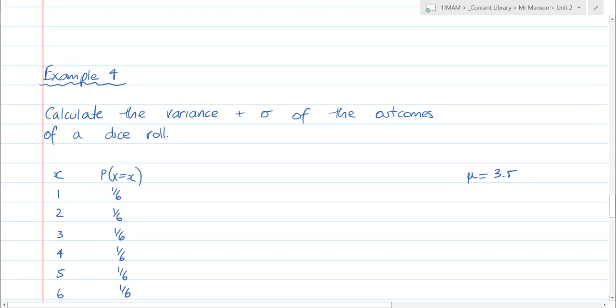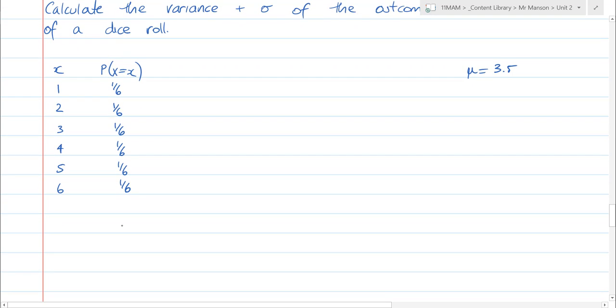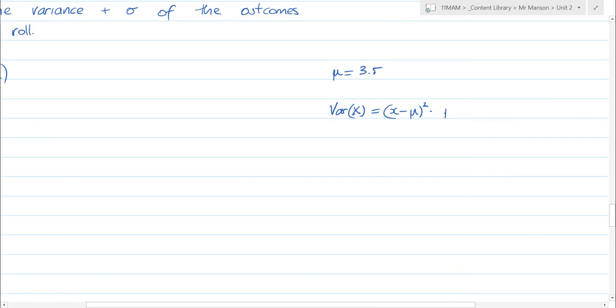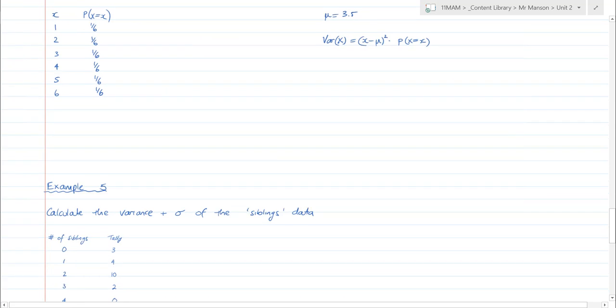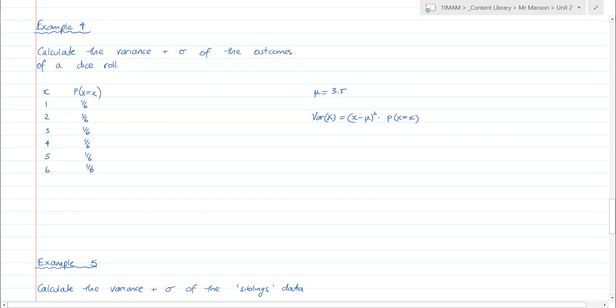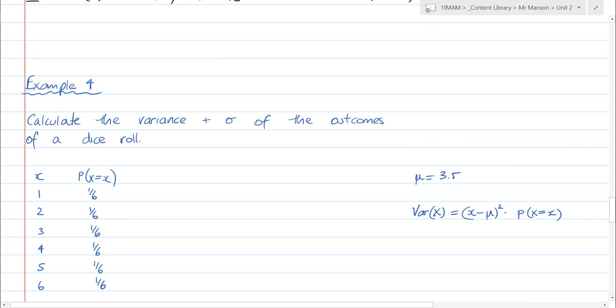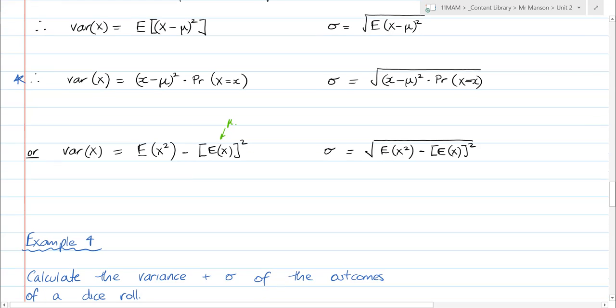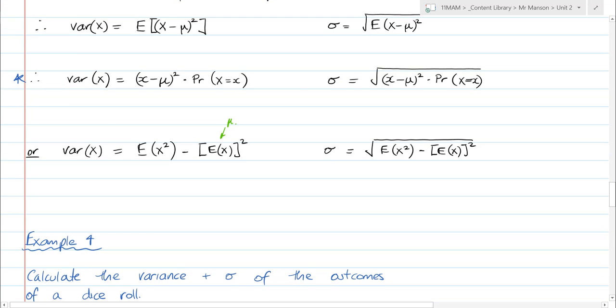That is that the variance Var(X) is equal to (x minus mu) squared times the probability that X equals x. It's actually equal to the sum of that.